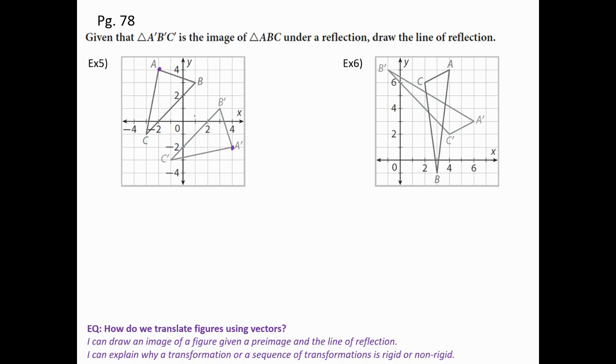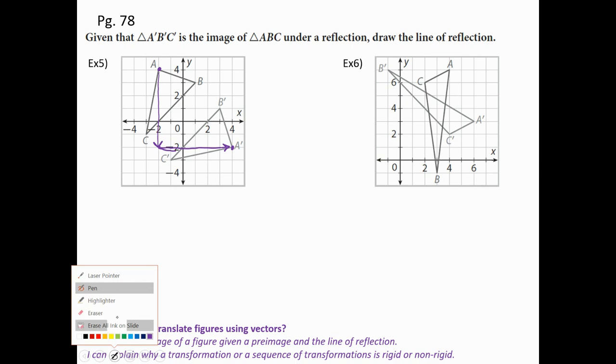So we're looking for the halfway point, or the midpoint, for every single pair: A and A prime, B and B prime, C and C prime. From A to A prime, I go down 6 and I go across 6, like so.